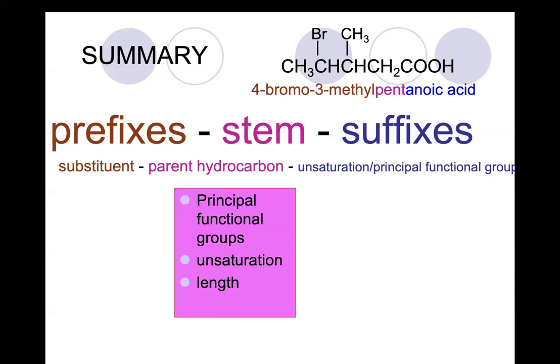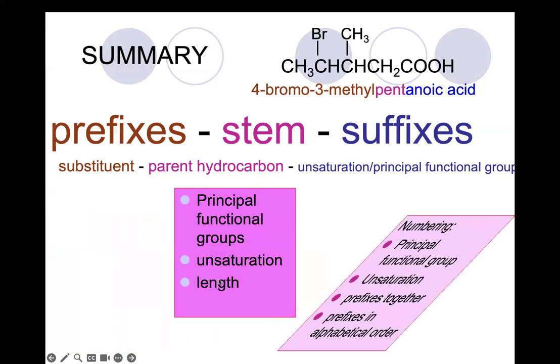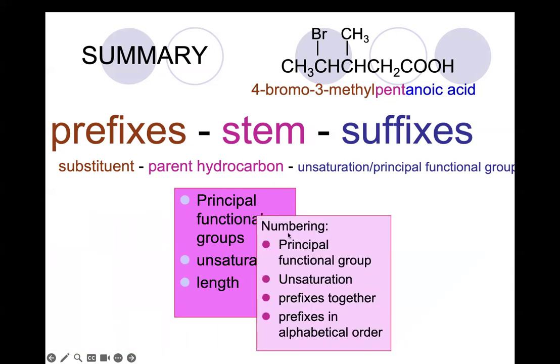For the stem, we need to consider the principal functional groups and saturations, and then the length. That is the numbering. We number the principal functional group first. That is the COOH. It must be labeled as 1. So we number the principal functional group as small as possible.